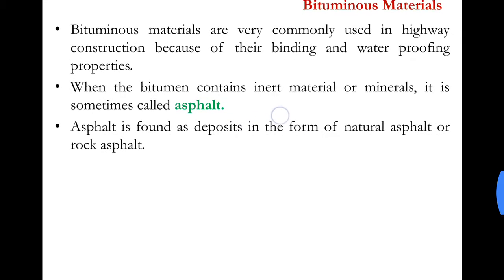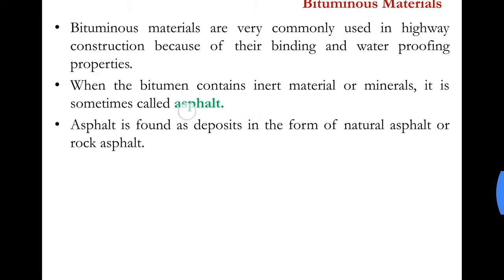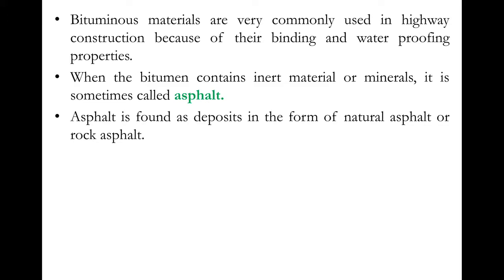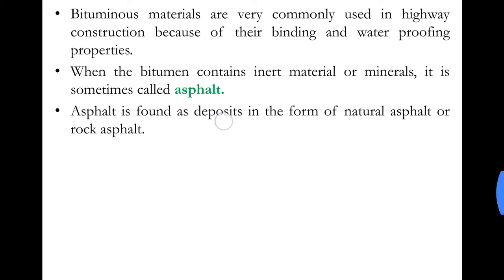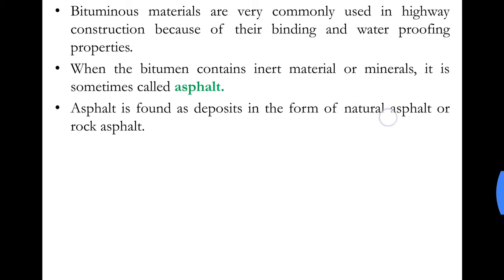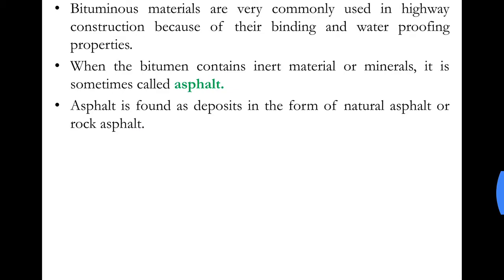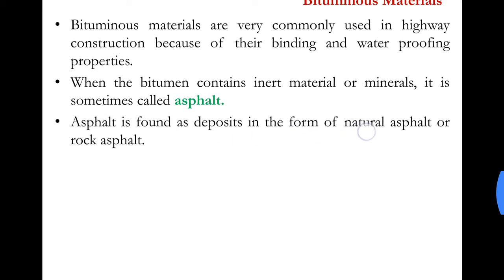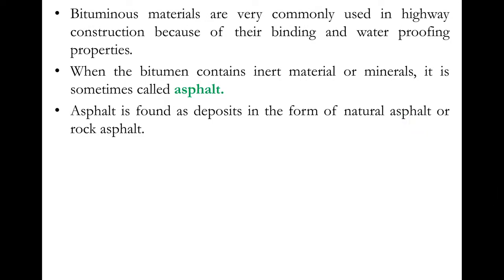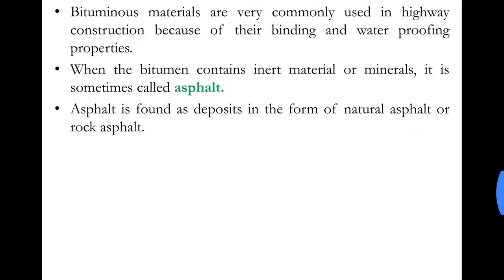Okay, and we obtain asphalt both naturally and manufactured. Okay, asphalt is found as deposits in the form of natural asphalt or rock asphalt. Okay, so we find asphalt deposits at some places, which is known as natural asphalt or rock asphalt.